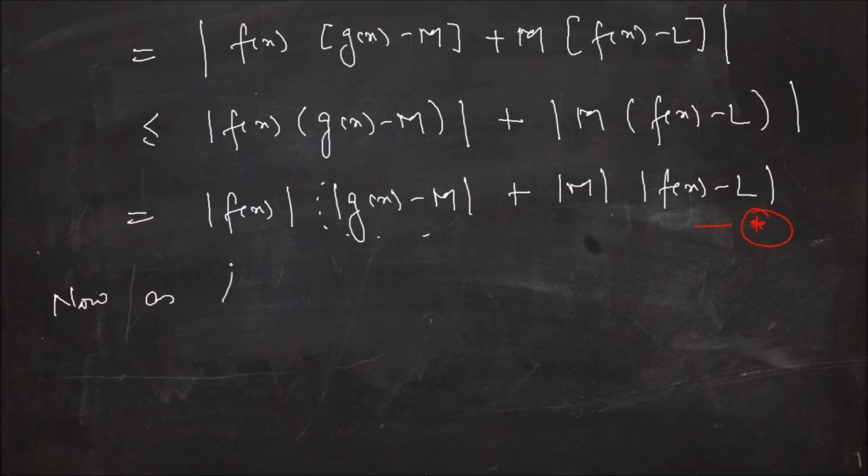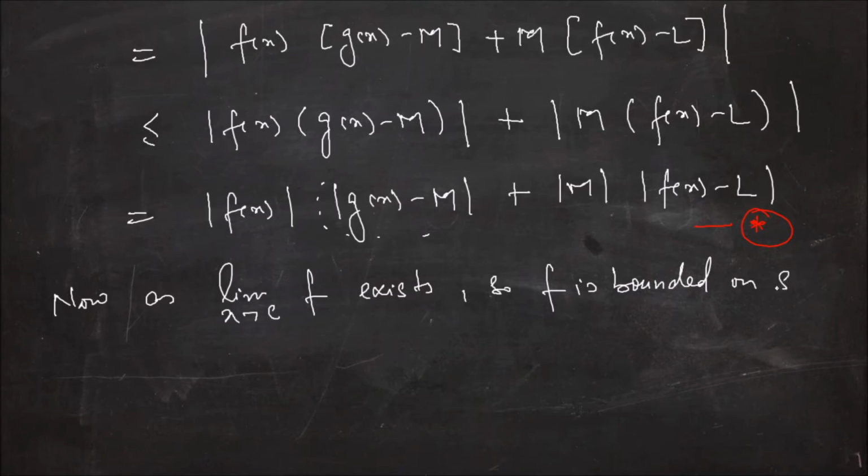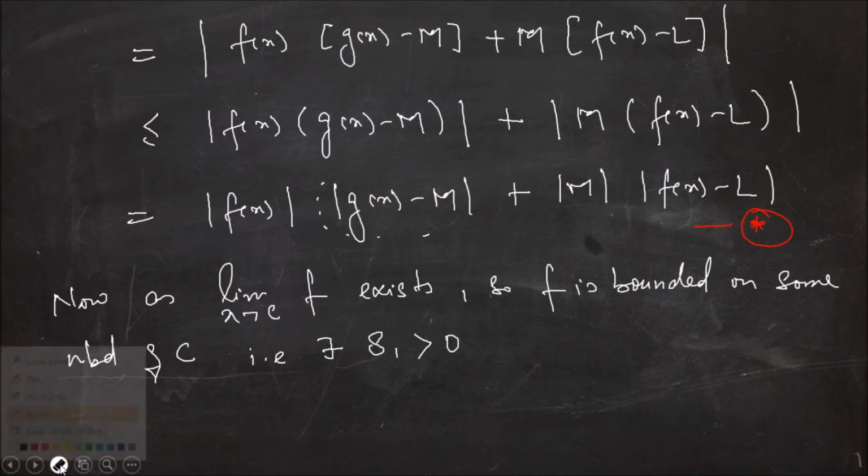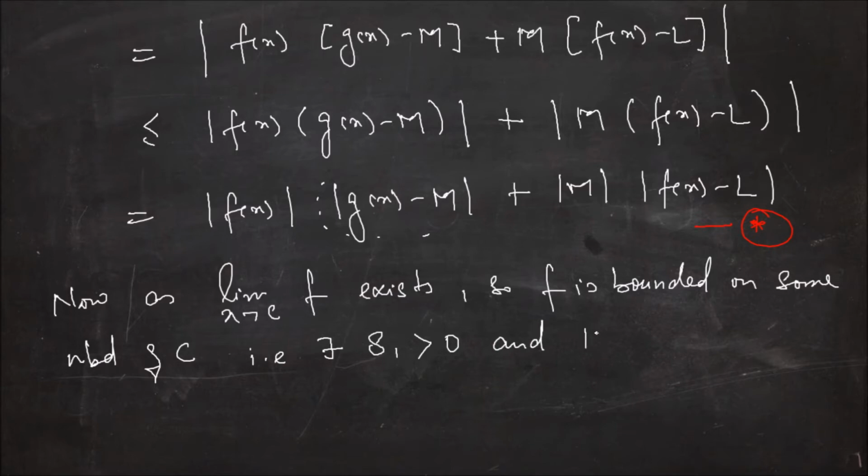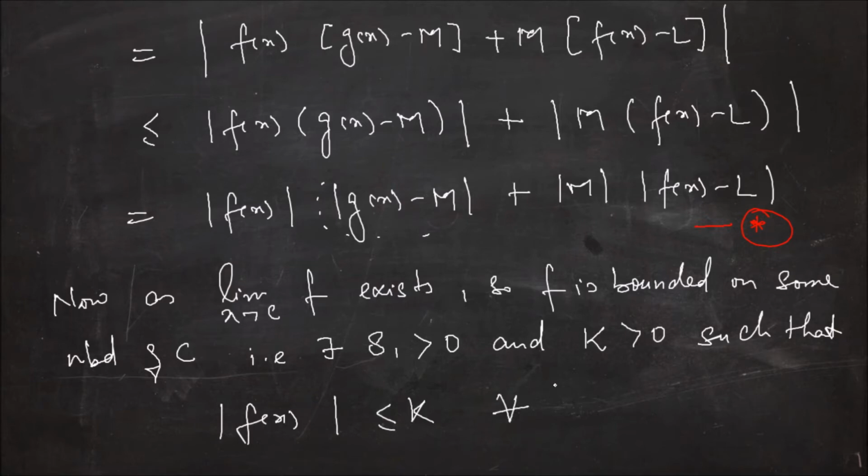Now as limit x tends to c, f exists, so f is bounded on some neighborhood of c, that is there exists delta 1 greater than 0 and k greater than 0 such that mod fx is less than equal to k for all x belonging to c minus delta 1 to c plus delta 1.